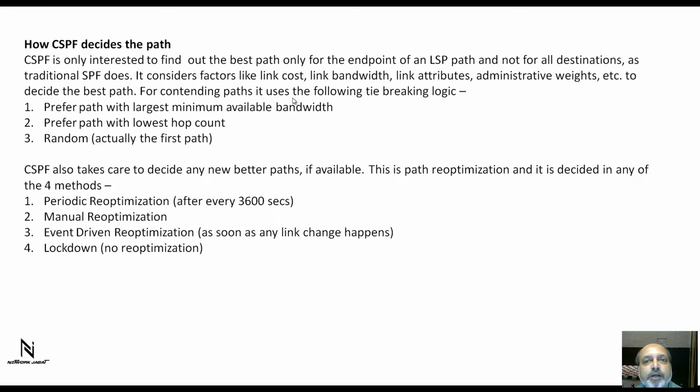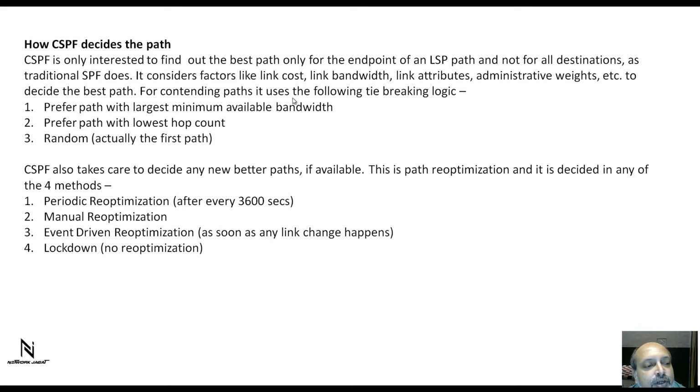Now, this particular attitude, that is once again a new path is available, then go for that path, forget about the previous path which is not so good. This particular property of CSPF is called its reoptimization property or reoptimization method. And this reoptimization method can be done in four ways, right?